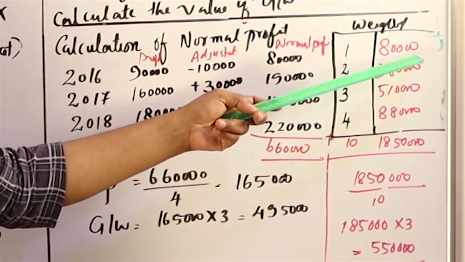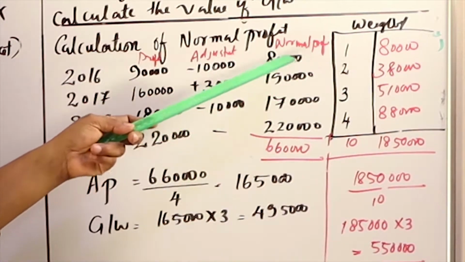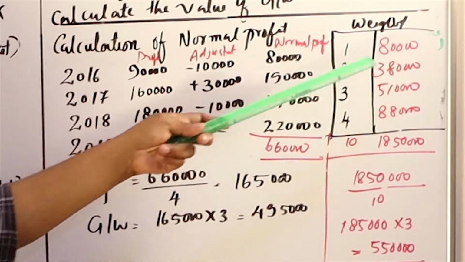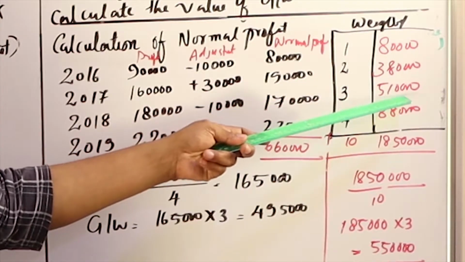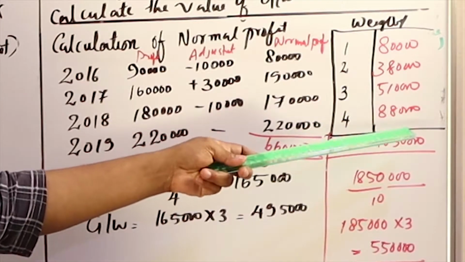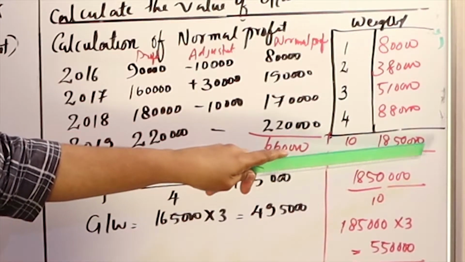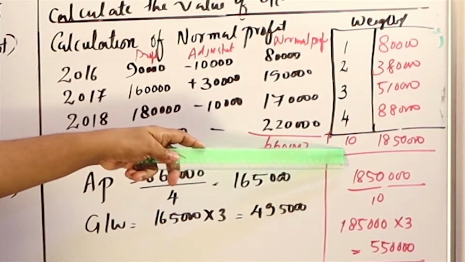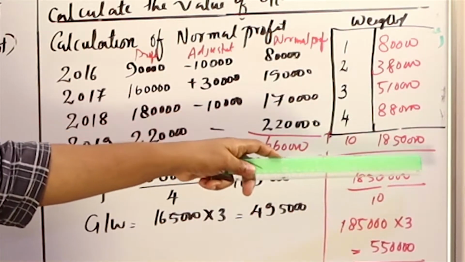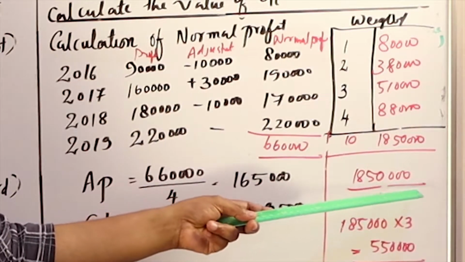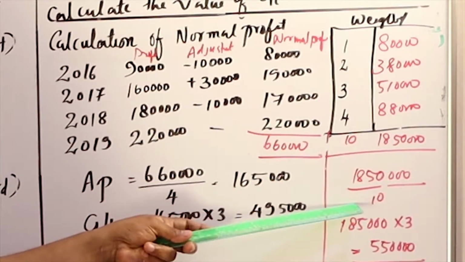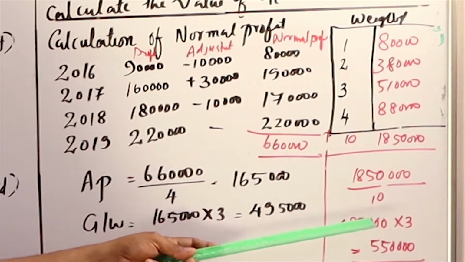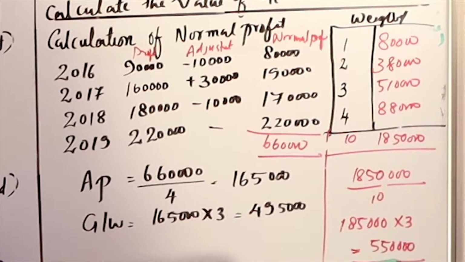This is weighted profit: 80,000 into 1, then 1,90,000 into 2, then 1,70,000 into 3, then 2,20,000 into 4. Then take the total of weighted profit and the total of weights, and total weighted profit divided by total weights gives the weighted average profit. That into number of years purchase will be goodwill.